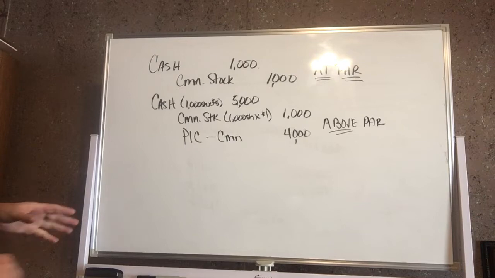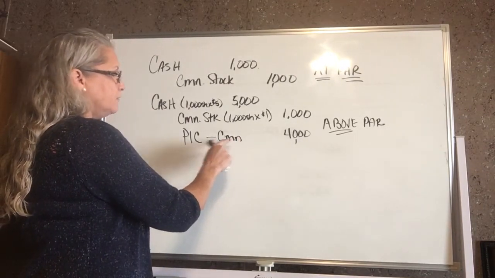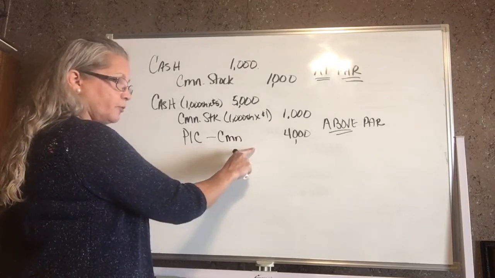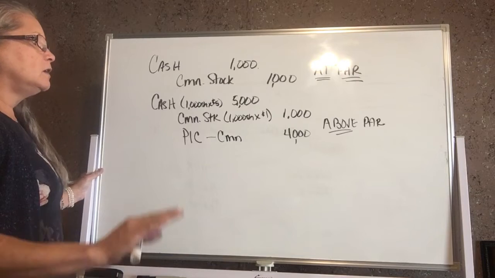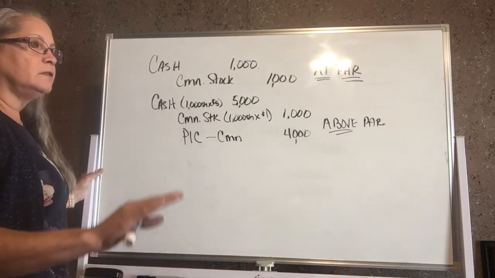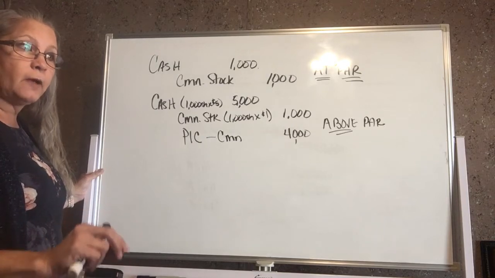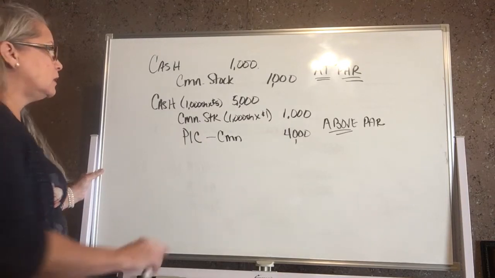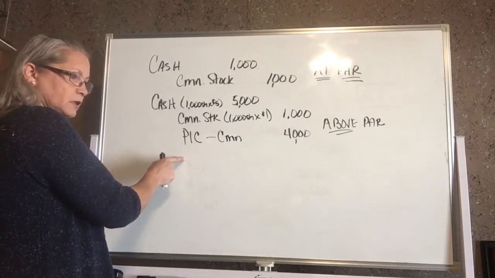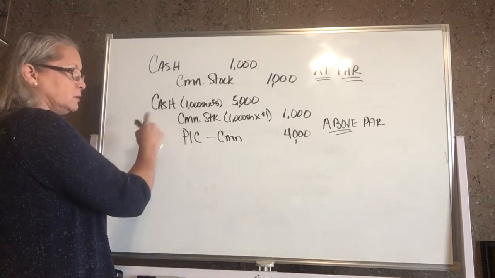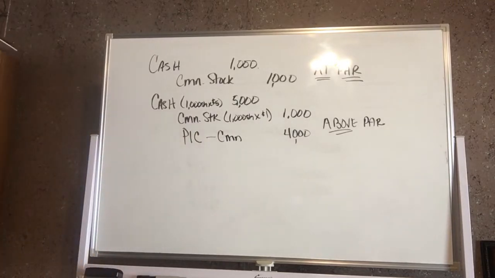They use up anything contributed first, and if there's nothing else there that they can pull from because they're having to sell it at such a reduced rate that they've used all their PIC on common, then they have to dip into their retained earnings, their actual earnings from doing their business. So then you would debit PIC for what you can, and then debit retained earnings for anything different that you would need to make that up. We'll see one of those here in a little bit.